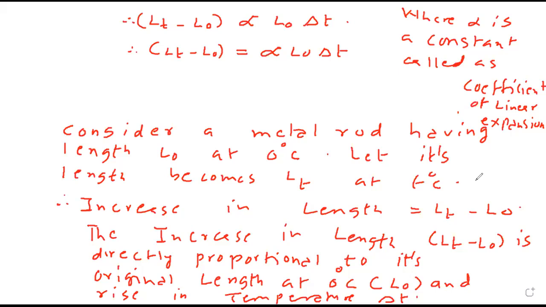Can I clear everything now? Yes, sir. Okay. Therefore, alpha equals to LT minus L0 upon L0 delta T. So if there's a derive expression for coefficient of linear expansion, then this much you have to do.